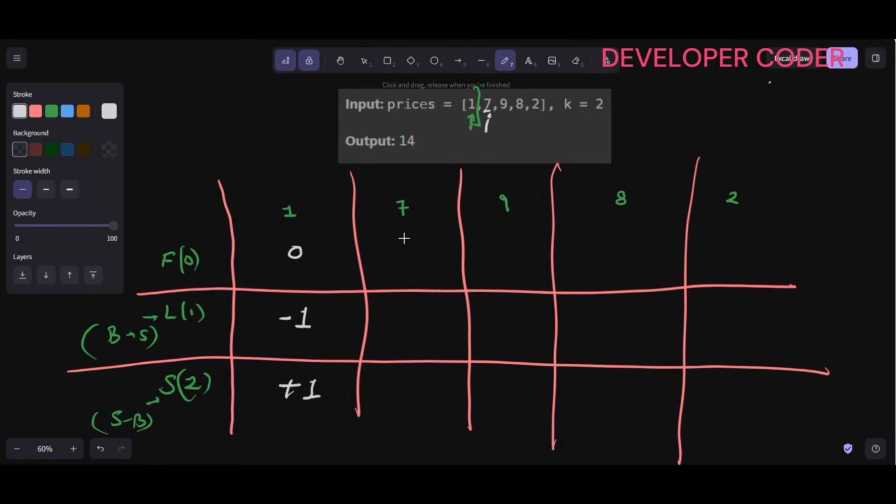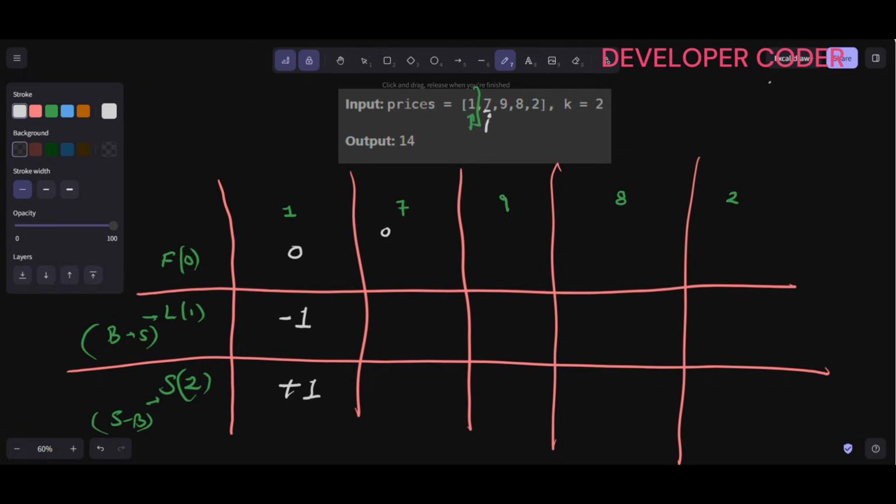Now here I need to remain in the flat state. What can I do to remain in the flat state? Maybe I don't do anything here, so I will remain in the flat state, 0.